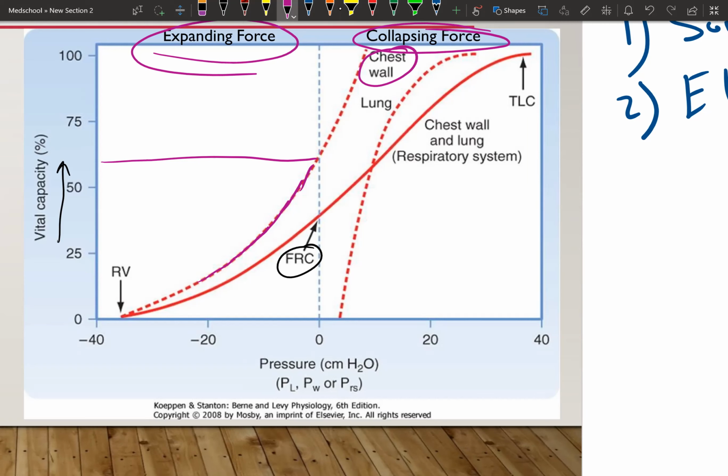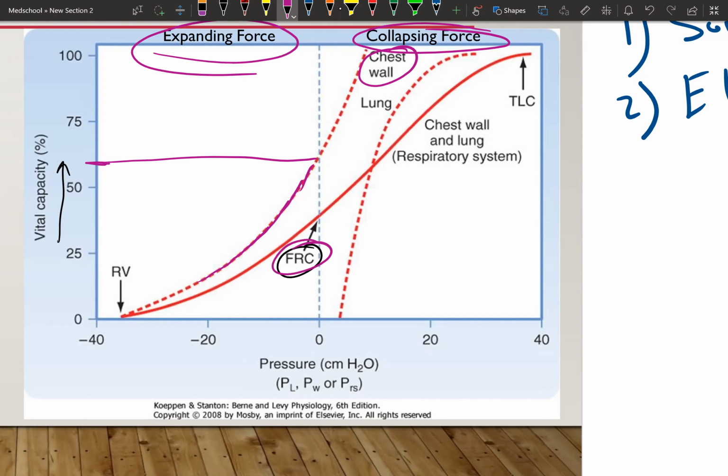So when we inhale past 60% of our vital capacity, now the chest wall has an inward recoil as well. Okay. So like I said, when we get past this 60% vital capacity, the chest wall has an inward recoil and the lungs have a huge inward recoil, especially compared to FRC, because they're like a rubber band that's being stretched to the max.